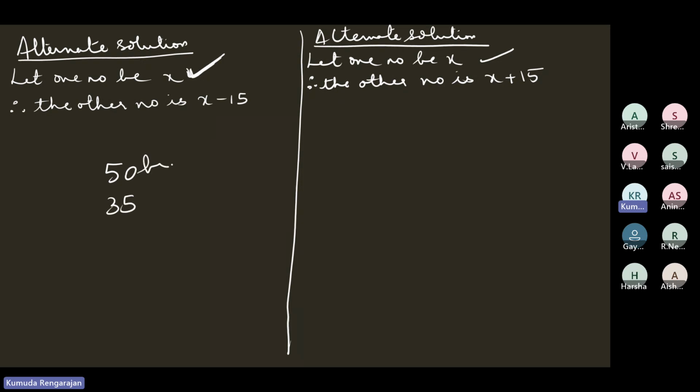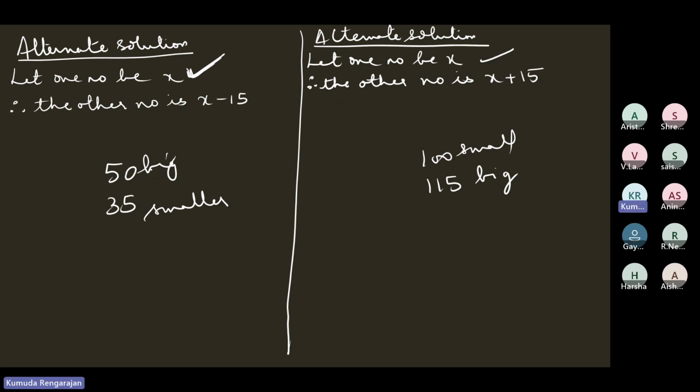That is, this is big, this is small, and the difference is 15. Or the numbers can be like 100 and 115, where this is small and this is big. But the difference between them is 15 only. Yes or no? One, five. The difference between them is 15. One number exceeds the other number by 15.